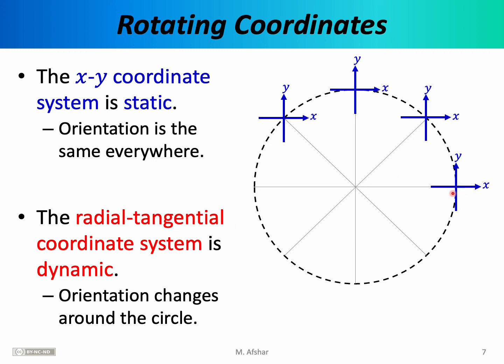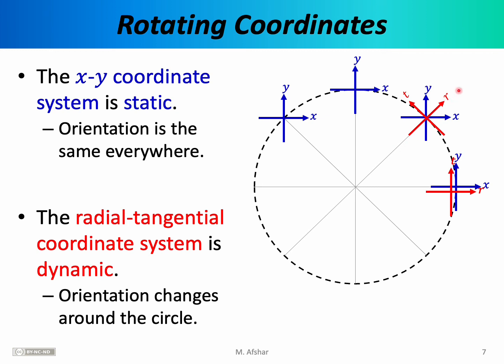When the object is over here, the radial-tangential coordinate system, labeled as RT, looks very much like the standard XY coordinate system. But a second later, when the object is over here, notice how the radial-tangential coordinate system has rotated. The coordinate system has rotated along with the object.